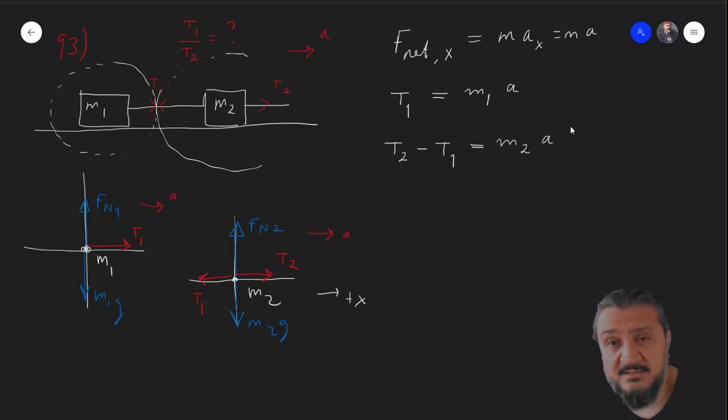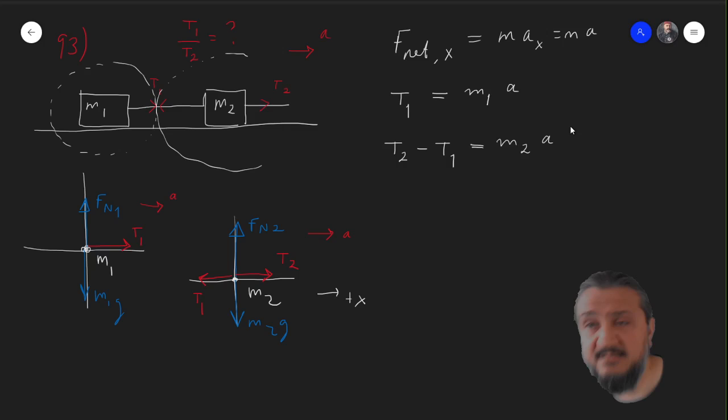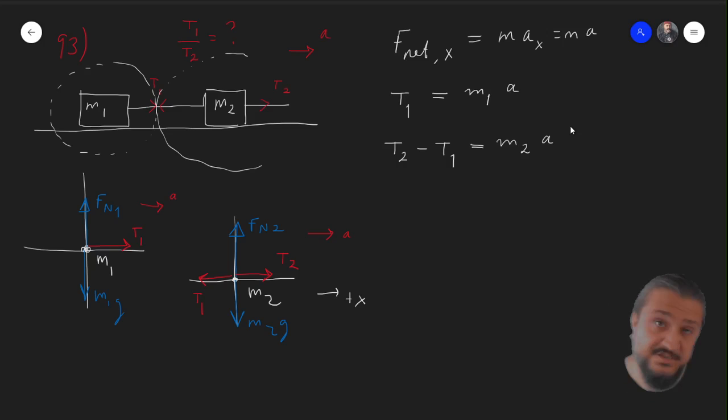I want to find T1 over T2 in terms of the masses, which means I don't need to have acceleration in the answer. Means I have to get rid of the acceleration. Now you can do the same trick we did in the previous problem. You can divide the first equation by the second equation, therefore a's will cancel.